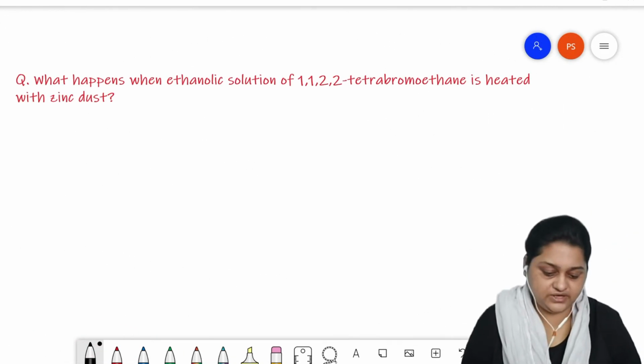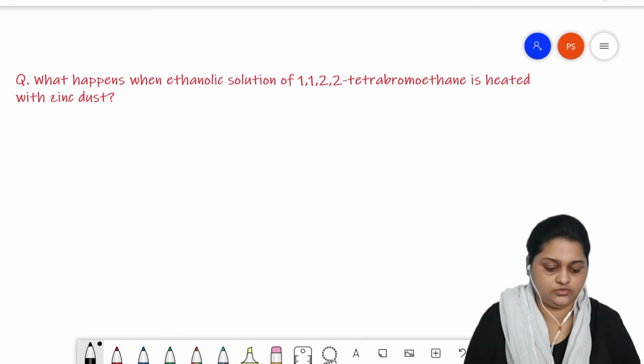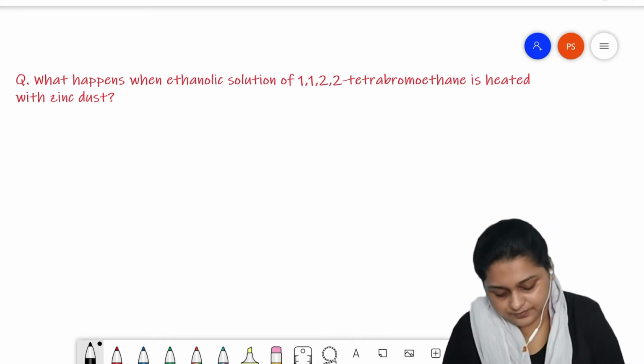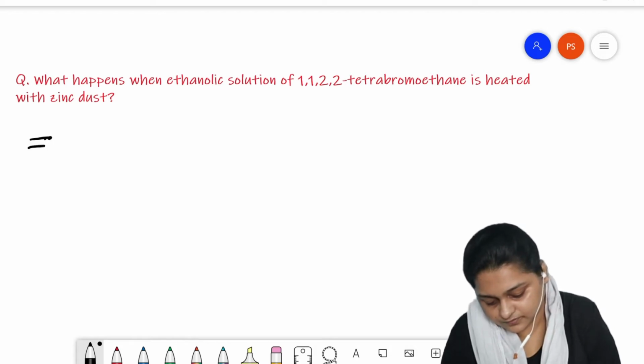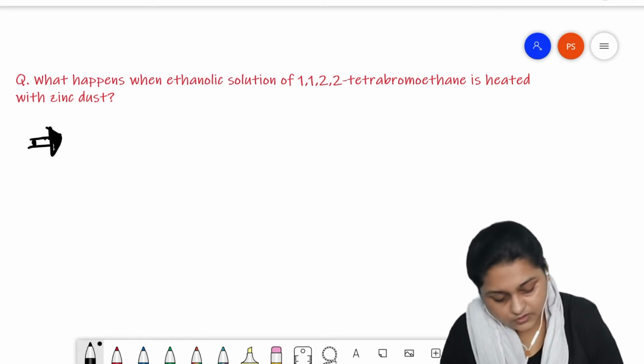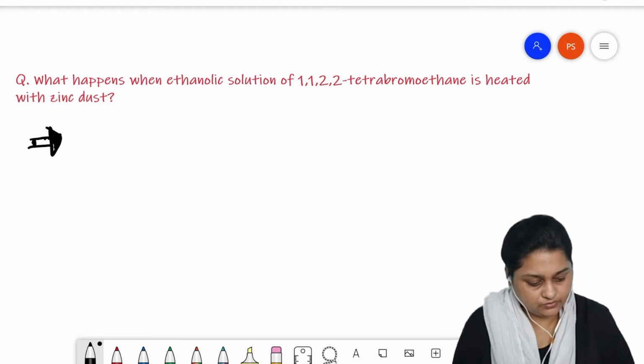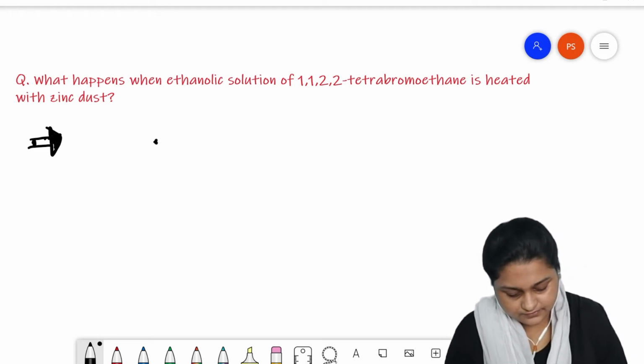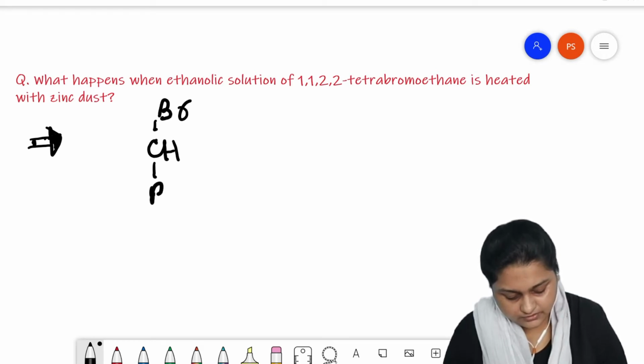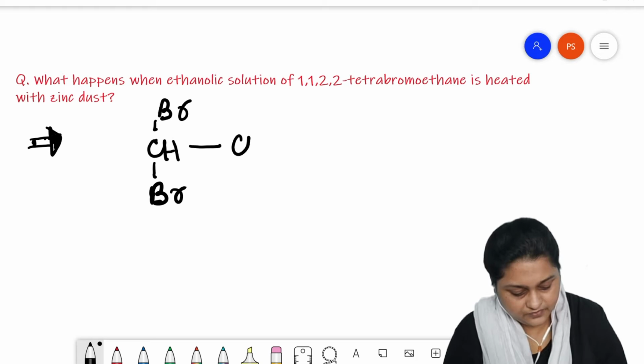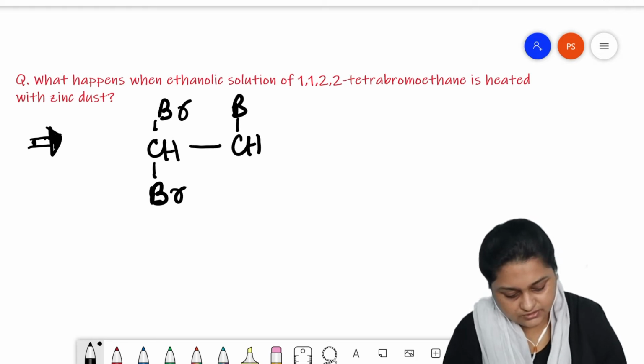What happens when an ethanolic solution of 1,1,2,2-tetrabromoethane is heated with zinc dust? Now 1,1,2,2-tetrabromoethane is CH Br Br, CH Br Br.